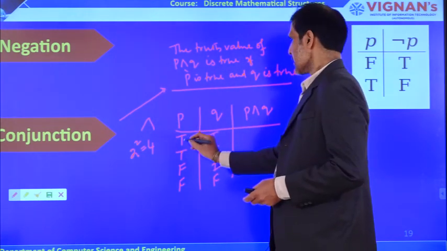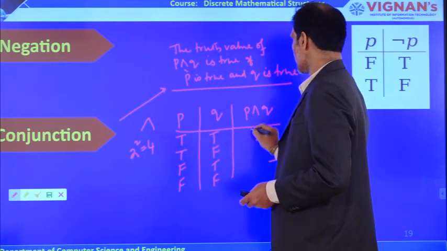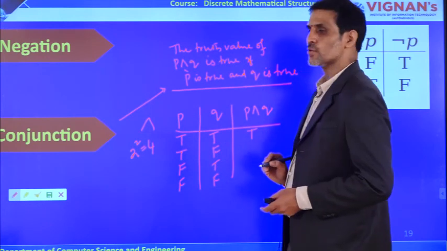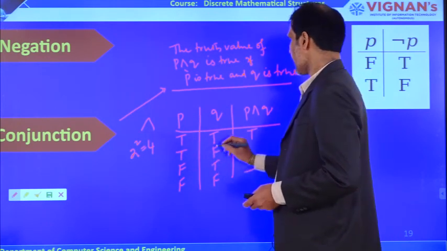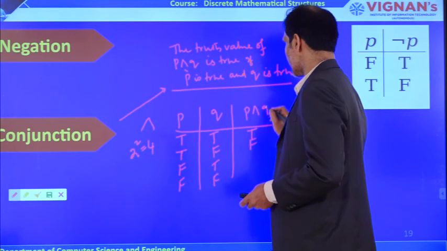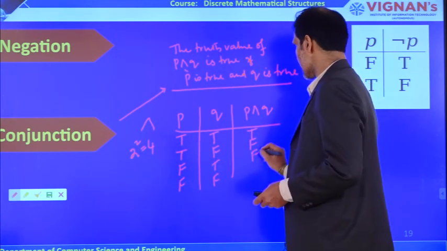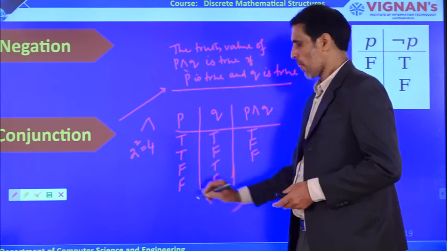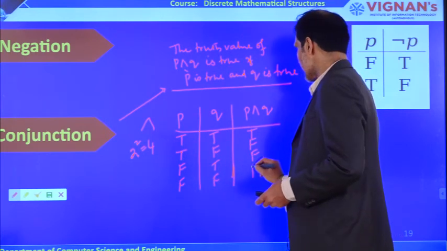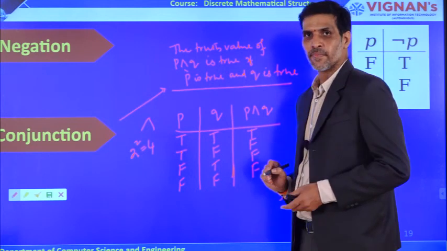So here P is true, Q is true, therefore it is true. True, false, as per the definition, is false. False, true, again false, because only when both are true is it true. If both are false, in that case also it is false.